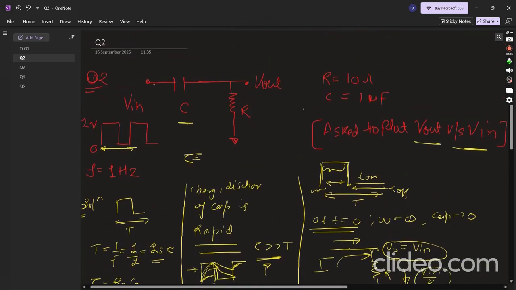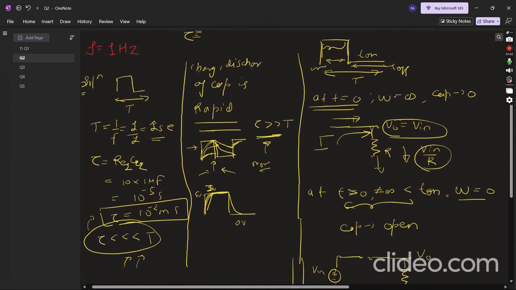This current flows into the capacitor, and whenever current enters the capacitor, it will charge. It's not a constant current, because whenever the capacitor charges, the voltage across it changes due to the current changing.